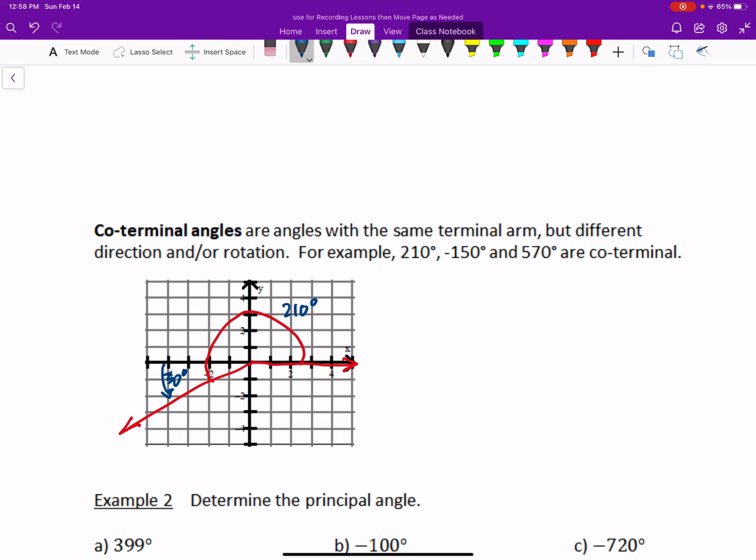But if I were to go this way, that would be negative 150, but it takes me to the same terminal arm. Or 570, well, if I were to start here and go all the way around, there's 360, 450, 540, 570 takes me to there. So those three angles really all end in the same terminal arm.